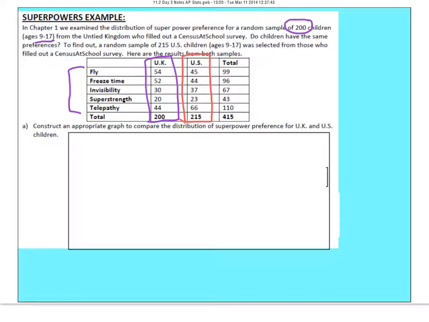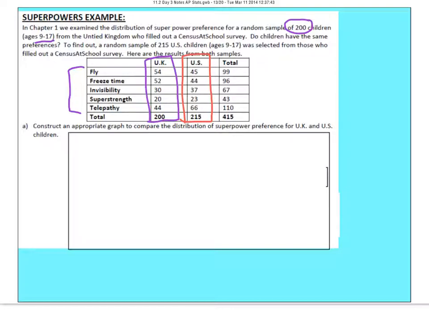So let's first start by constructing an appropriate graph to compare the distribution of superpower for the UK versus the US students. Now, a side-by-side bar graph might be nice for this. Because the counts are different, you must be careful. You cannot use frequency for your bars. You must use relative frequency or percents. So you have to compute and compare your 54 over 200, your 52 over 215, and compute the percent of the students.